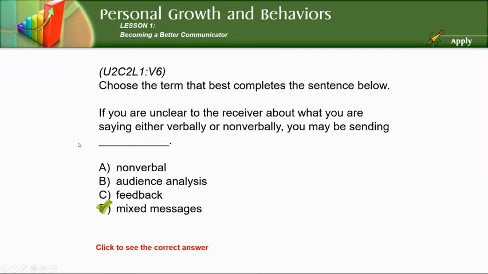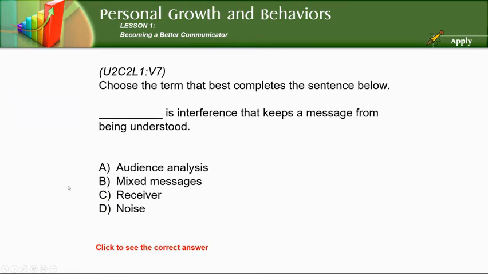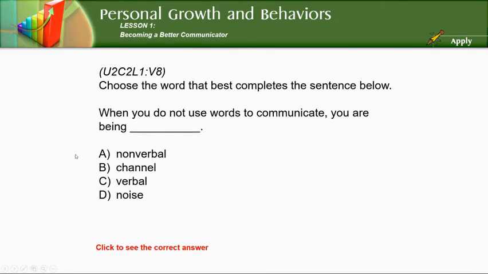Okay? What are you saying? Blank is interference that keeps a message from being understood. That's right, that's noise. The TV that's on in the background while somebody's trying to talk to me. When you do not use words to communicate and you are being, that's right, nonverbal.